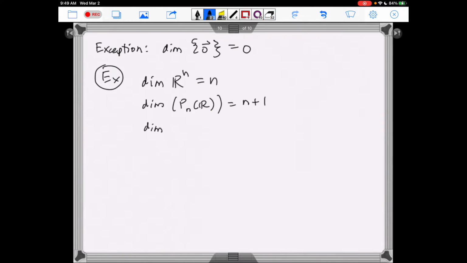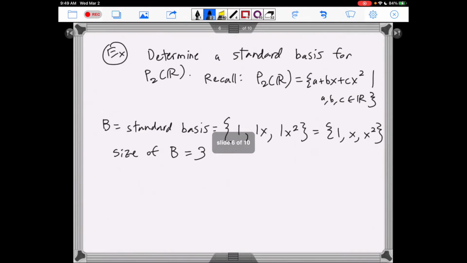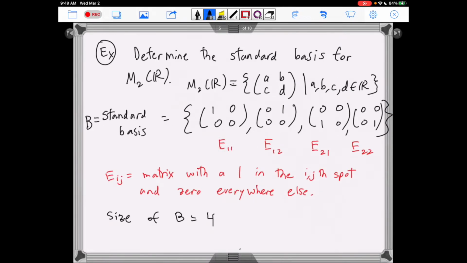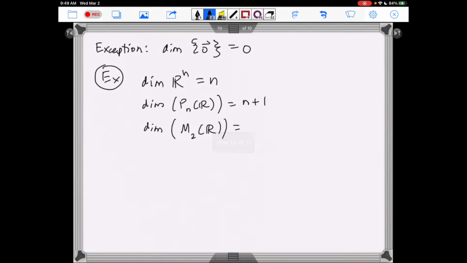What would the dimension of the set of 2 by 2 matrices be? Well, we already did an example here. When we looked at this example earlier, we had 4 elements in there, so we know that that dimension was 4. But how would we generalize this to Mn of R? Remember, these are n by n matrices. So think about it.